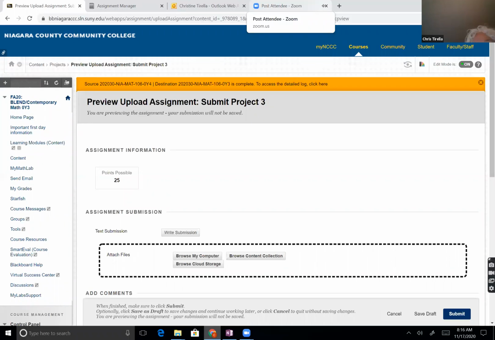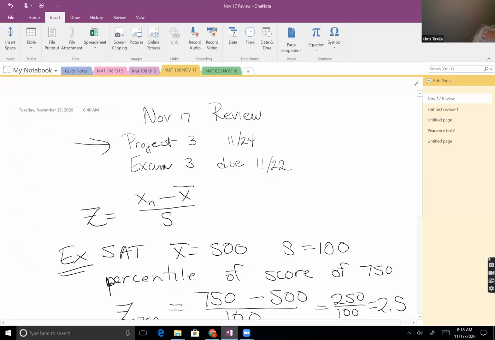Just a heads up, if you submit pictures and you have an iPhone, it doesn't play real well with Blackboard. You have to make sure you're using the Blackboard app.